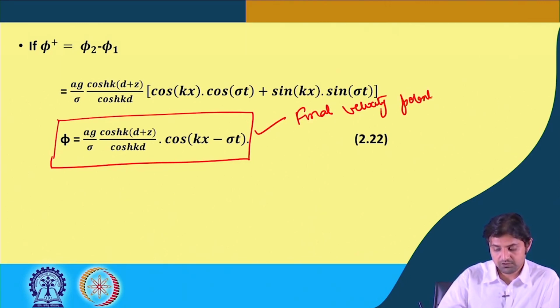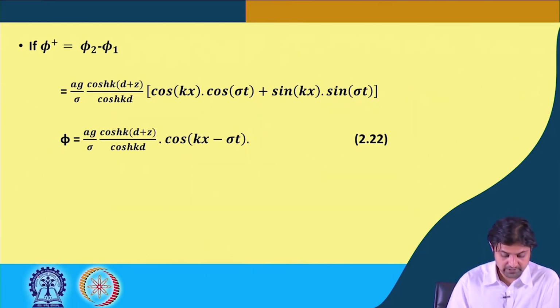So, now if you see, we have determined phi. A is the amplitude of the wave, sigma is 2 pi by T, k is 2 pi by L. So, everything you know. So, as a function of x and t, we have found out the velocity potential here.